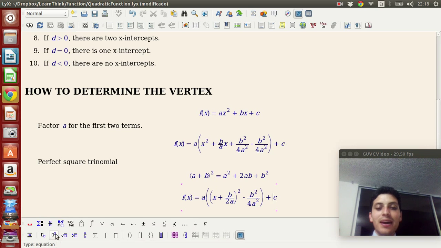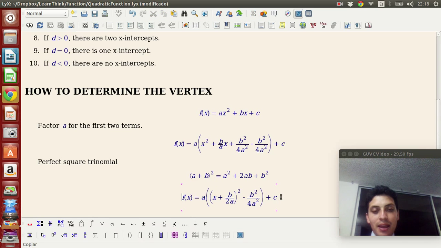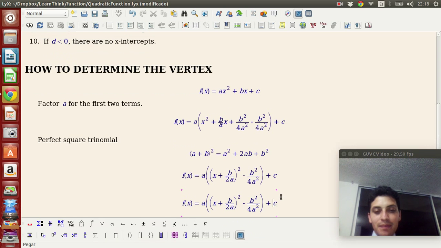Okay, and now I'm going to multiply a by each factor because I want it in the form ax squared plus another thing.